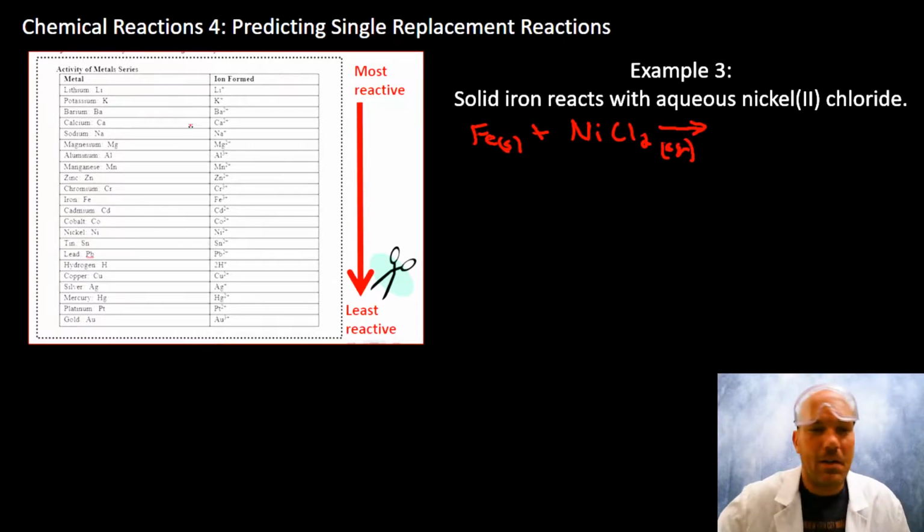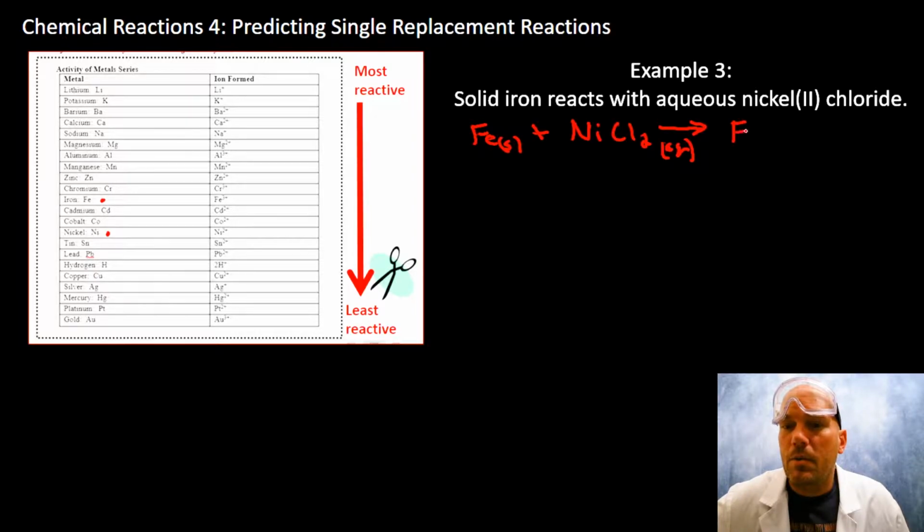So we'll come over here and I'll put a little dot next to iron, and we'll see a couple below here. We have nickel. Okay, so the question is, is iron the more reactive species? And the answer is yes. So iron's going to come in and kick out nickel.